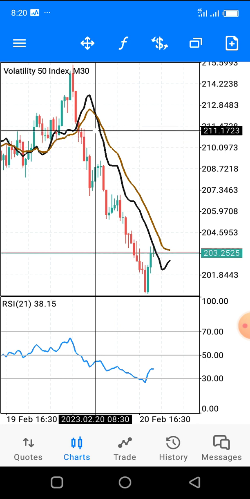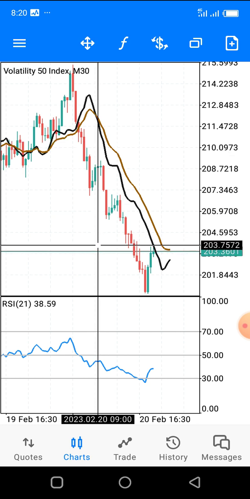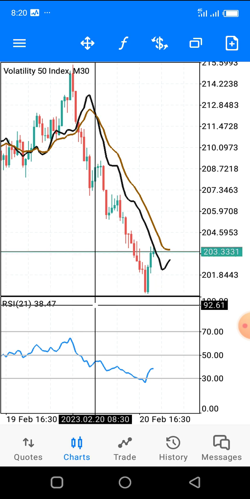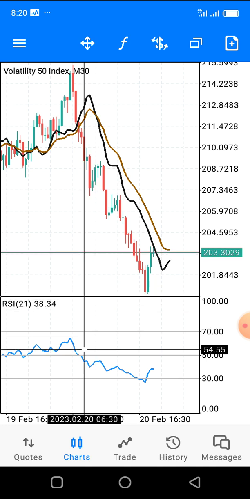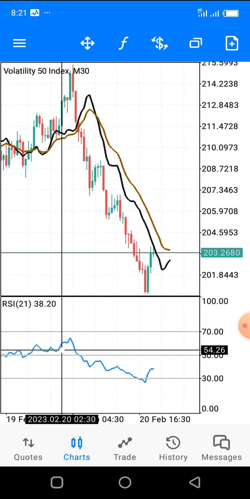Wow, you can see that's a lot of pips. Now it shows you how strong this RSI is, how strong this strategy is. It is a very sure, nice and correct signal.